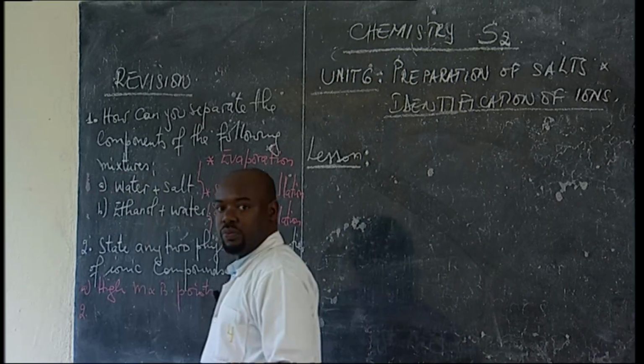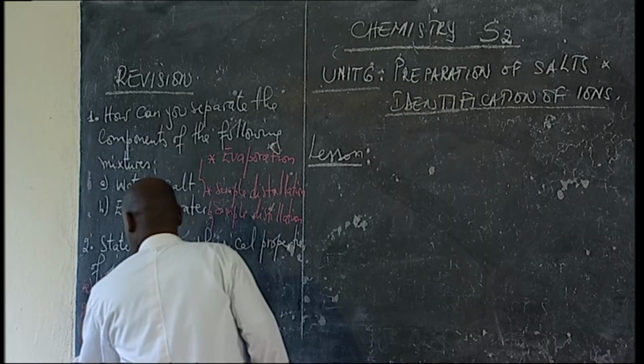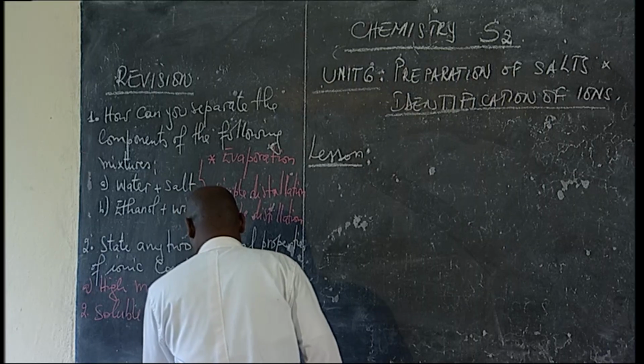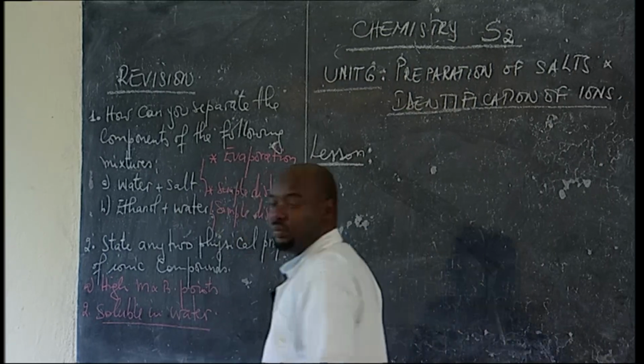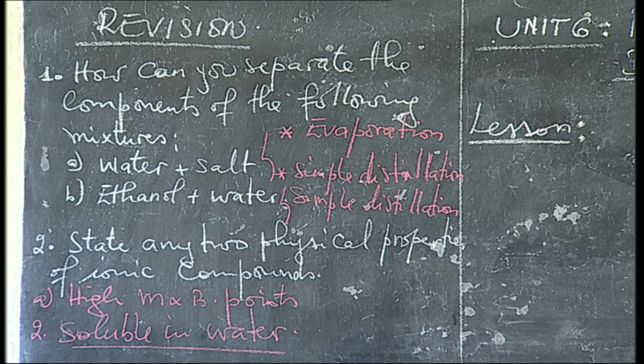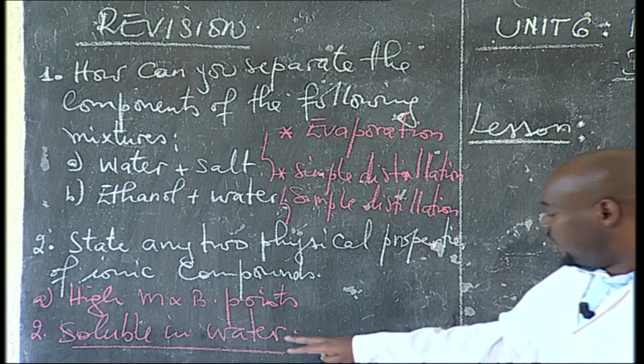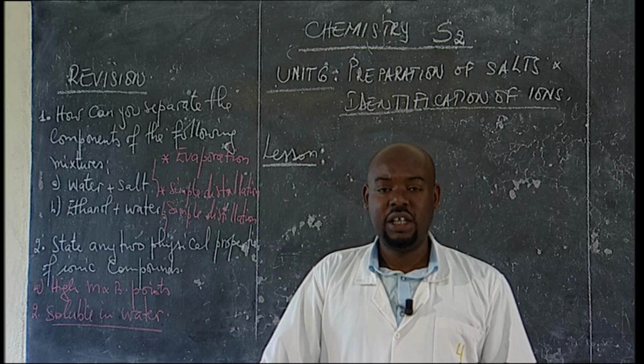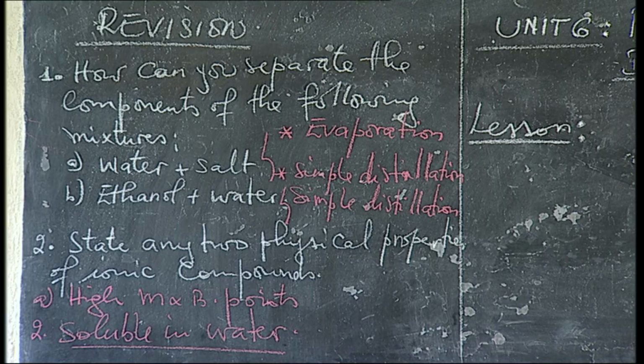Number 2, they are soluble in water. I will not list all of the physical properties, but if you don't remember all of them, you can go back to unit number 1. I hope you have so many details about the physical properties. Now let us focus on this property number 2. Ionic compounds are soluble in water.